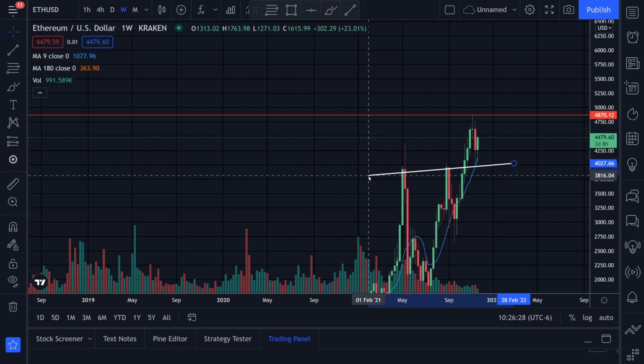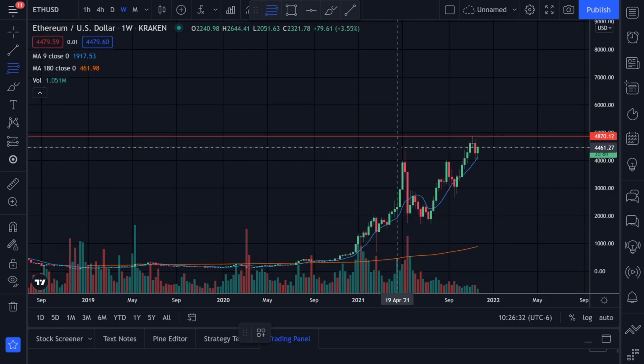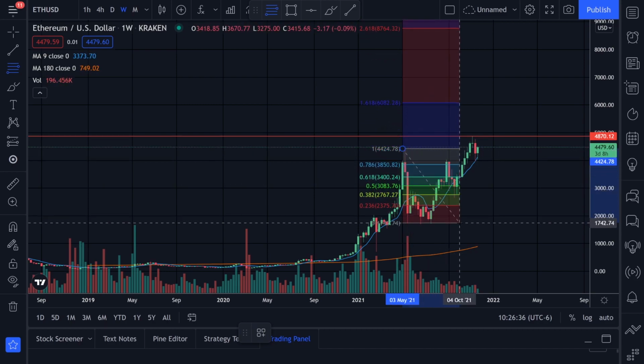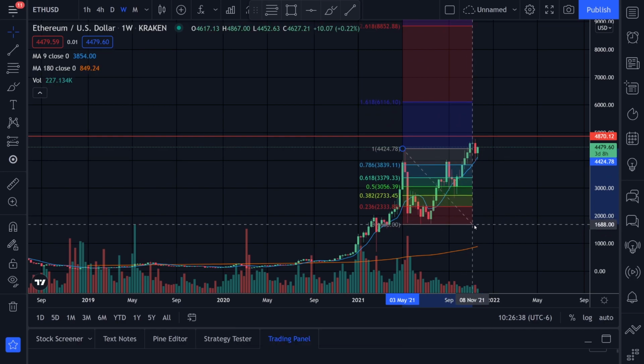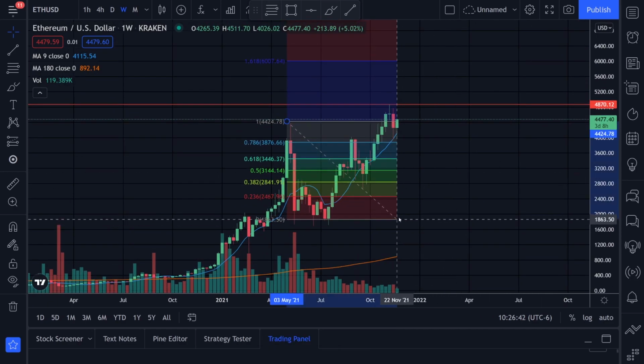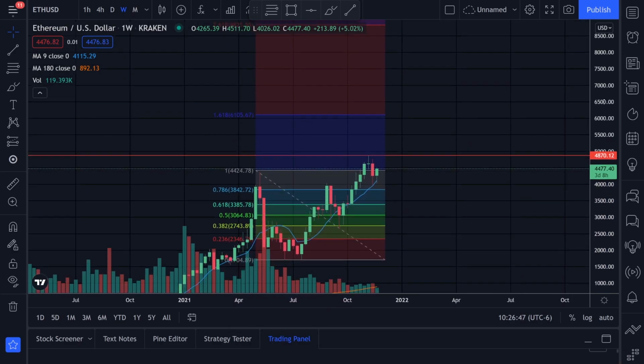What I want to show you is the Fibonacci retracement. Actually, it's not a retracement, I don't know what you call it, but you drag from the top right here to the bottom over here. Sometimes I like to do this with stocks or coins that are getting dead cat bounces, but this is like a new thing for me.